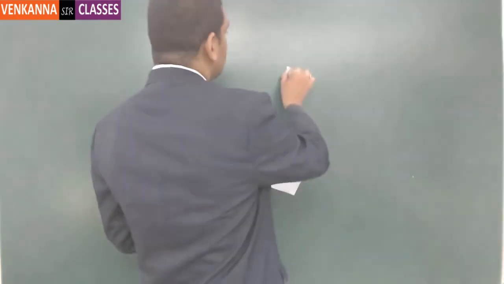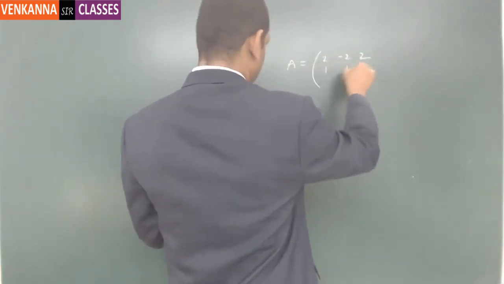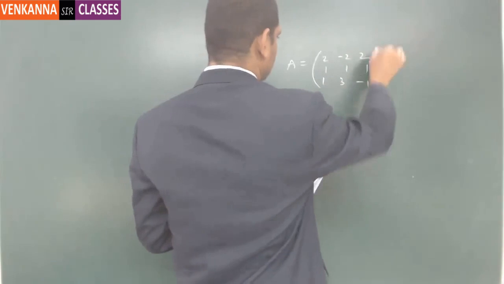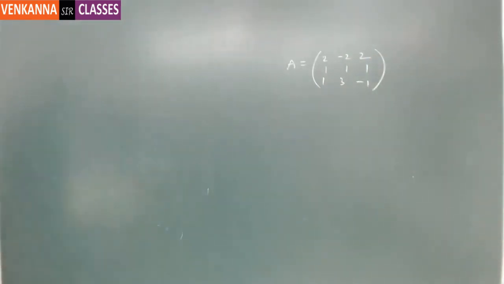So this is one of our problems. A matrix is given, A is equal to 2 minus 2 2, 1 1 1, 1 3 minus 1.